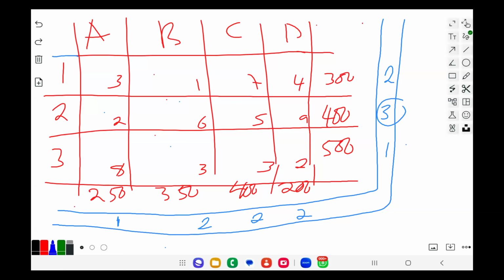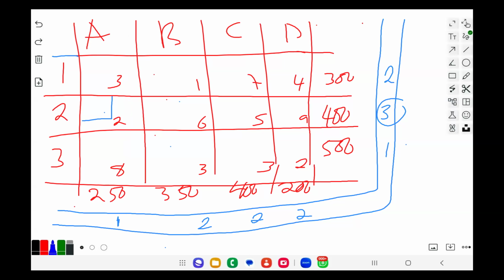So what is the least cost in this row? The least cell, which costs 200. A cell typically means a box.